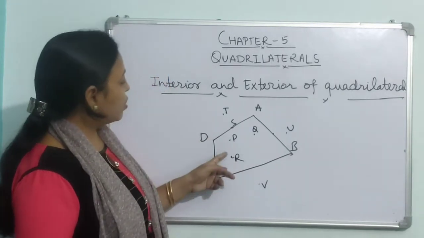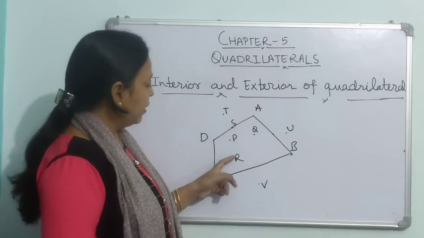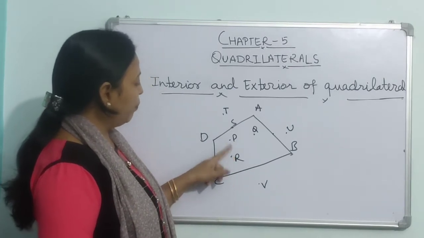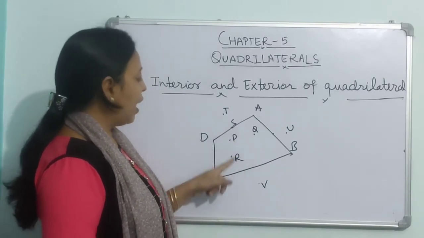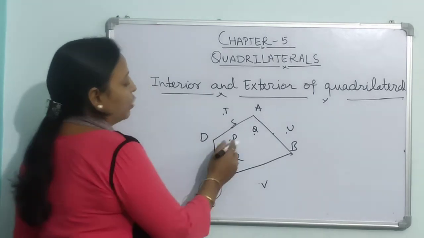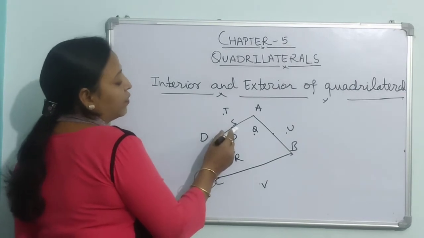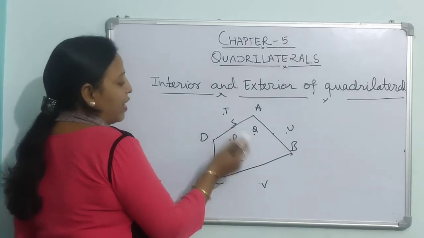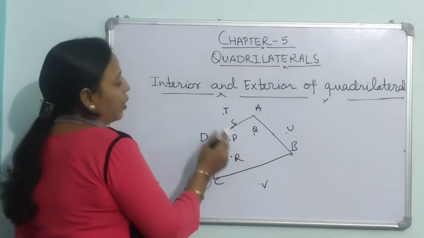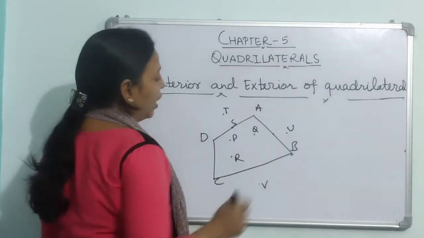So in this diagram you can see P, Q, R are the interior of the quadrilateral. Since these points are inside the quadrilateral, they are known as interior of the quadrilateral. Point S lies on the quadrilateral. The points T, U and V are the exterior of the quadrilateral.